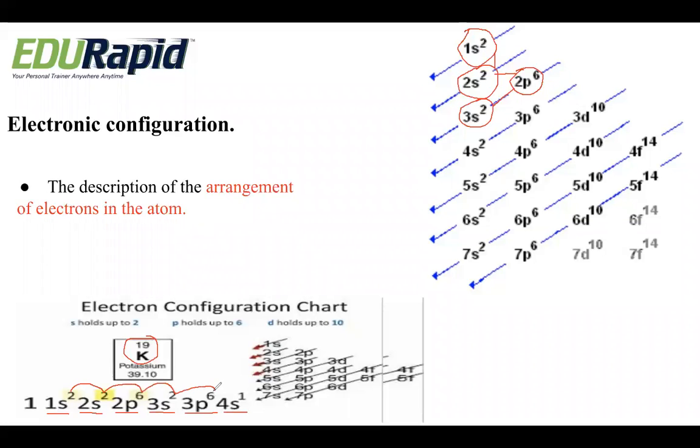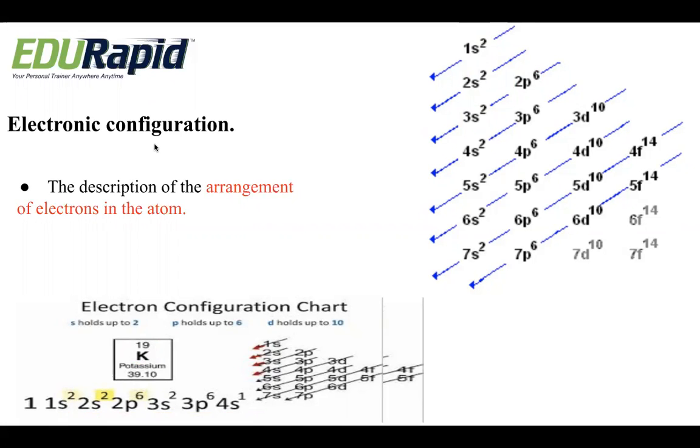So this is how all atoms fill their shells based on a certain rule, which is called the diagonal rule, and this description is called electronic configuration. So what is the use of electronic configuration? The electronic configuration specifies the properties of an element.